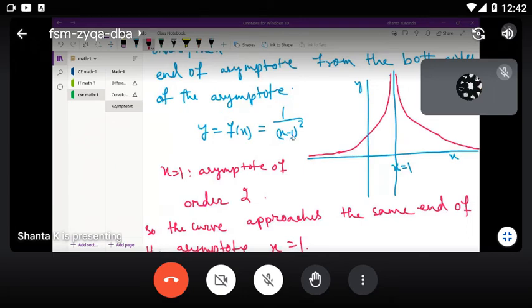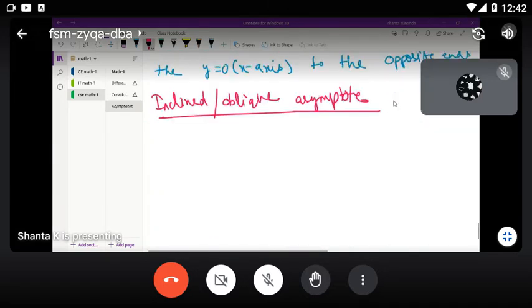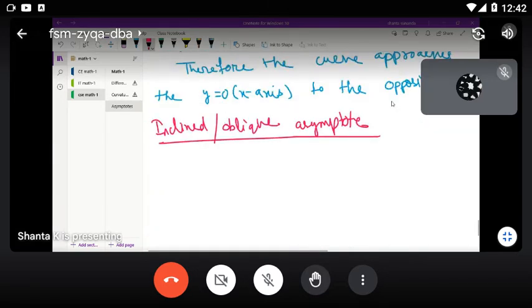But for x equals 0, it's defined from both sides. So now we look at inclined and oblique asymptotes. If the equation g(x,y) equals 0, the implicit form, is given to you, we can further write it in y equals f(x) form, and we solve it.